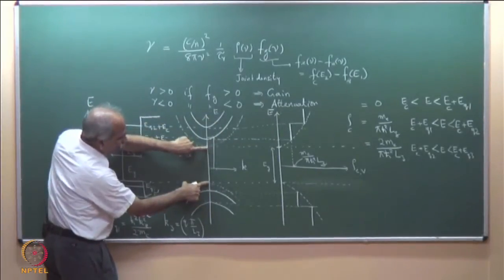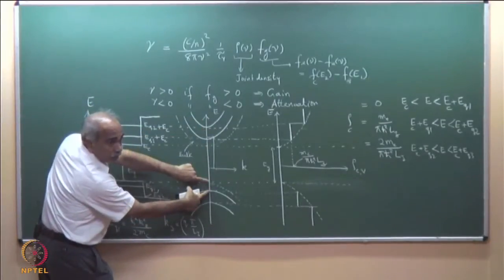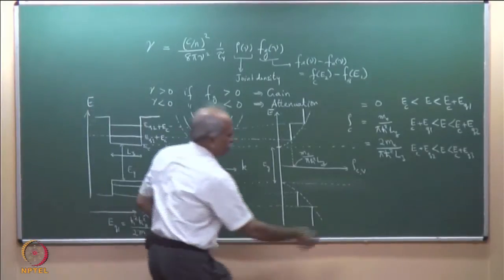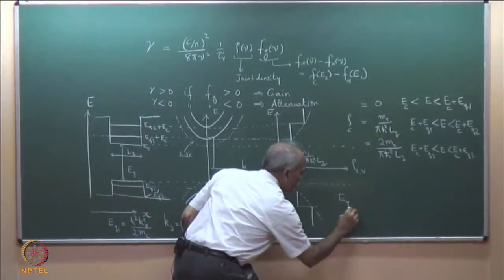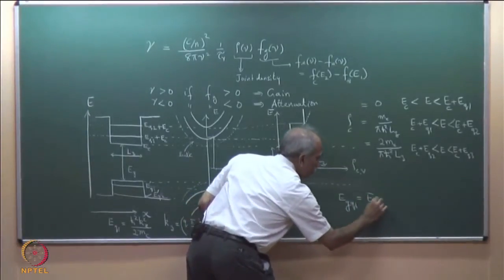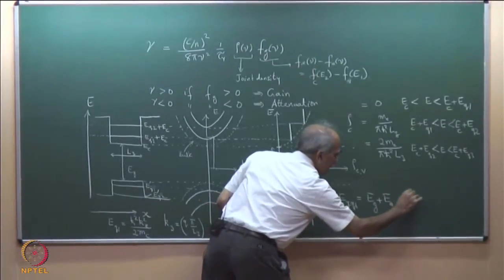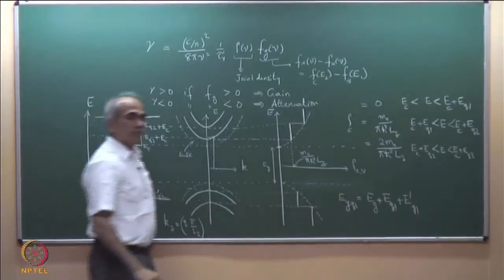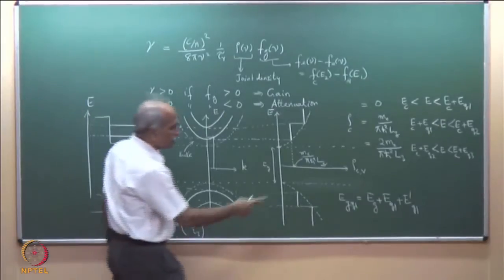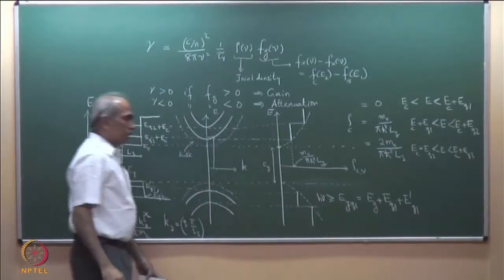EgQ1 is Eg plus EQ1 in the conduction band, plus E dash Q1 in the valence band. So, interaction can take place for photons of energy h nu greater than or equal to EgQ1.